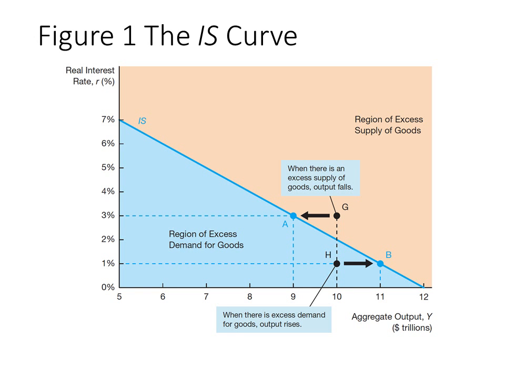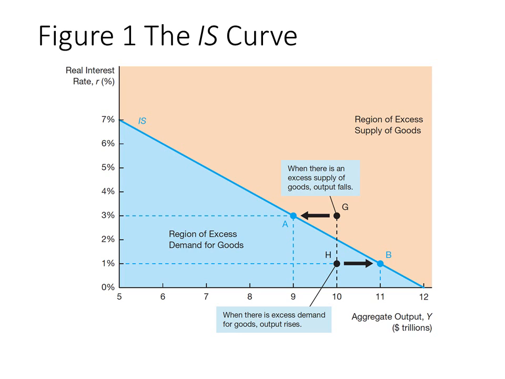So let's look at an IS curve. The downward sloping IS curve represents points at which the goods market is in equilibrium. For example, look at points A and B. Notice the output changes as necessary to return to market equilibrium.